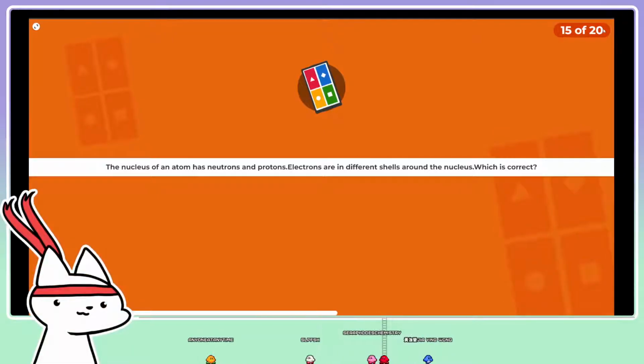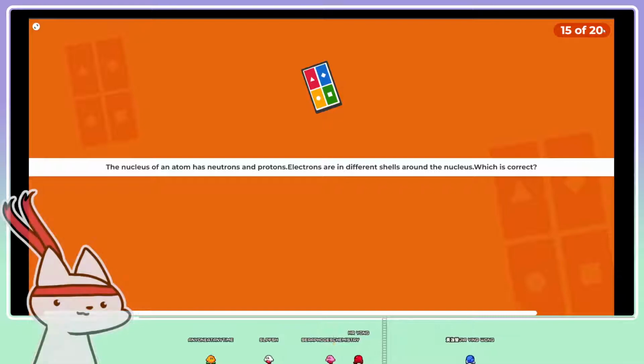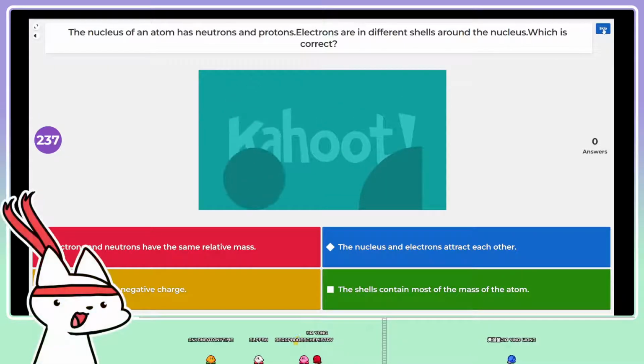The nucleus of an atom has neutrons and protons. Electrons are in different shells around the nucleus, which is correct.